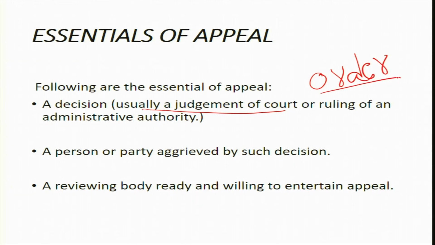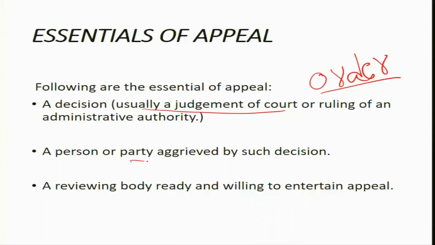Without this you cannot appeal, because this is not an inherent right, this is not right to suit, this is appeal. You are approaching the appellate court, which is the higher court, not the High Court. Second, a party or person aggrieved by such decision, and a reviewing body ready and willing to entertain the appeal. These two points are very important.